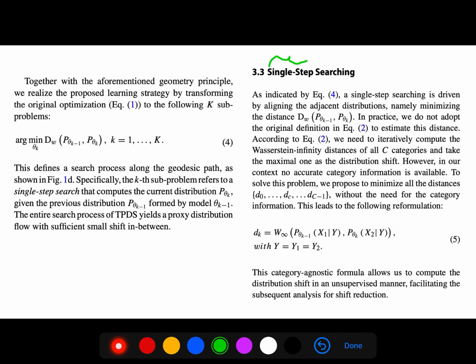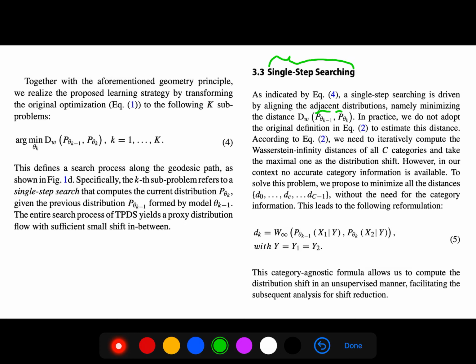Now we are talking about single-step searching. A single-step searching is driven by aligning the adjacent distributions, namely minimizing the distance between the previous distribution and the next one. In practice, we do not adopt the original definition to estimate this distance. So we need to iteratively compute the Wasserstein infinity distances of all C categories and take the maximal one as a distribution shift.